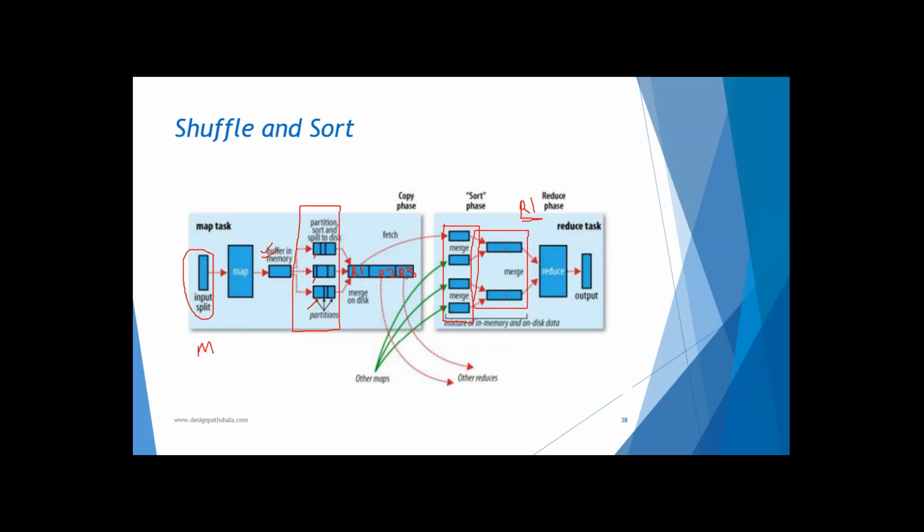So what I'm saying is, suppose in R1 on my map task my sequence is 1 2 3, because it is sorted, and I am only talking about keys. And in the second map task suppose your keys are 2 3 4.